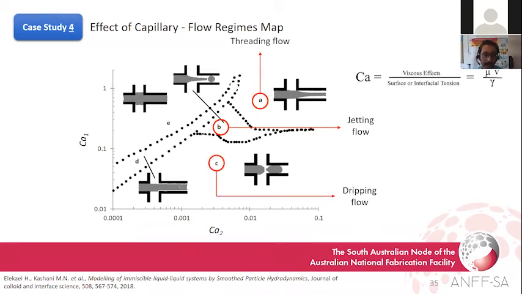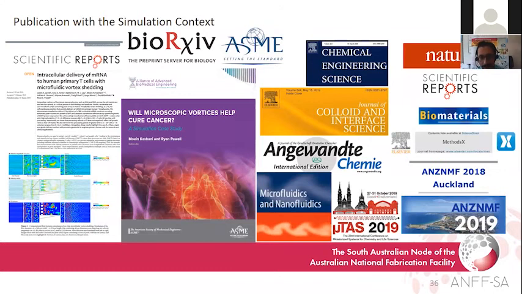And if you keep the capillary number of the second liquid, but decrease the capillary number of the first liquid, it produces dripping flow. And by having a low capillary number for both liquid number 1 and liquid number 2, you will end up having tubing flow. And even further, if you increase the capillary number of the first liquid, it's a displacement and fingering flow. And you can find a variety of configurations through this.